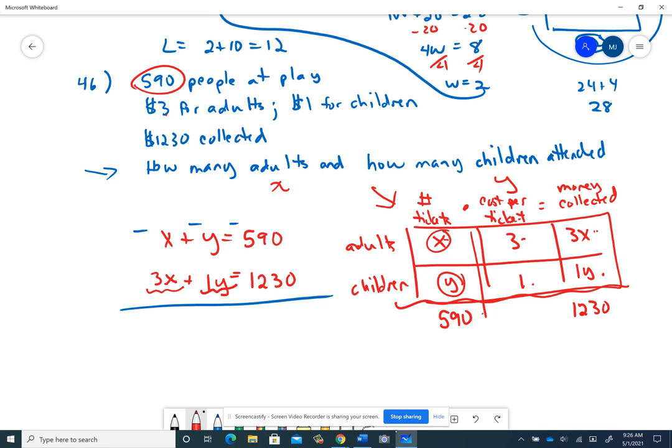You wind up getting one equation from there and the other from there. Adding up the types of tickets gives you 590. Adding up the amounts of money collected gives you 1230.